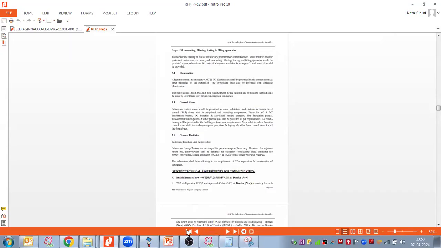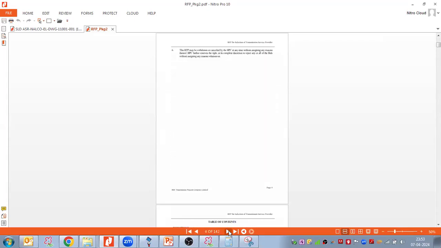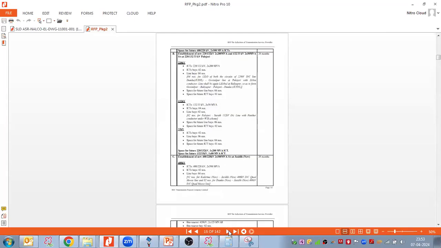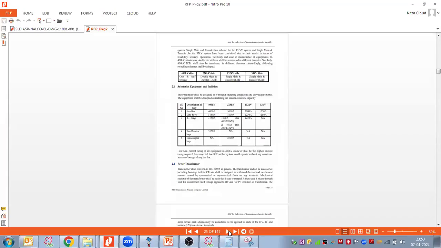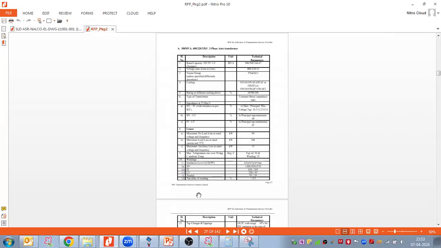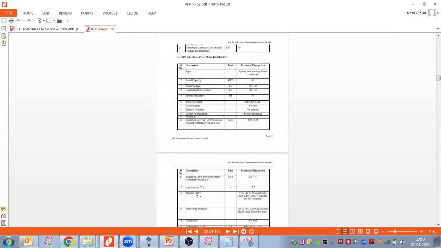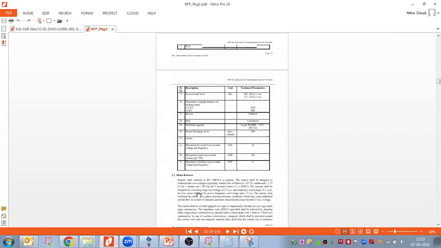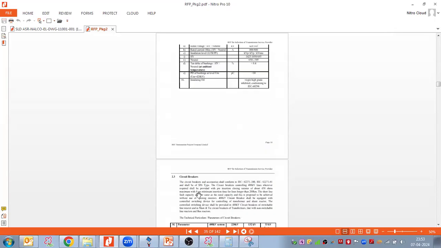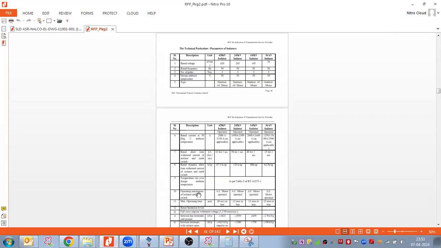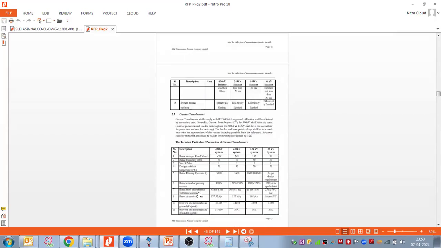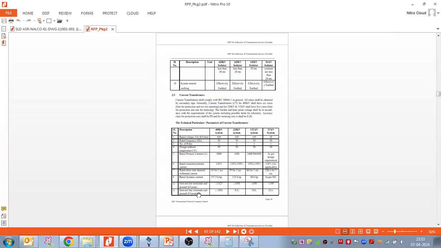And also one doubt in slide number 87. One second. Power transformer. This is the technical specification, and then breaker of the project, isolator, and then CT, current transformer.